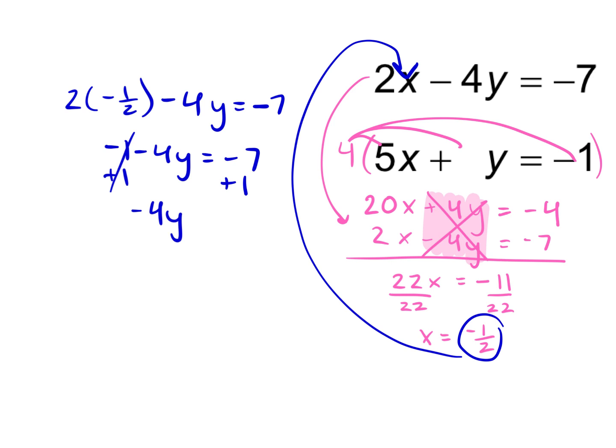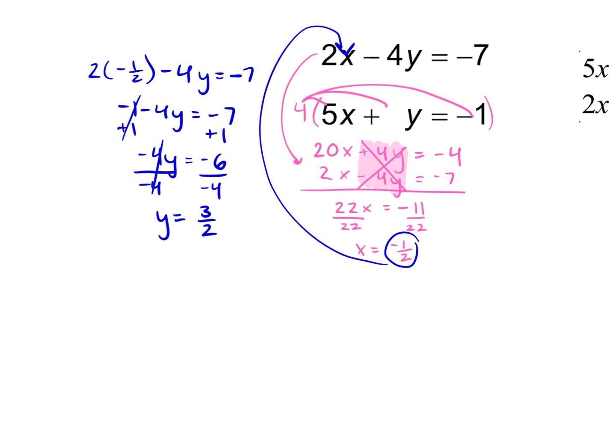So negative 4y is equal to negative 6. What's next? Divide by negative 4. So y is equal to 3 over 2. Perfect. How would we write our answer? Negative 1/2, comma 3/2. Awesome.